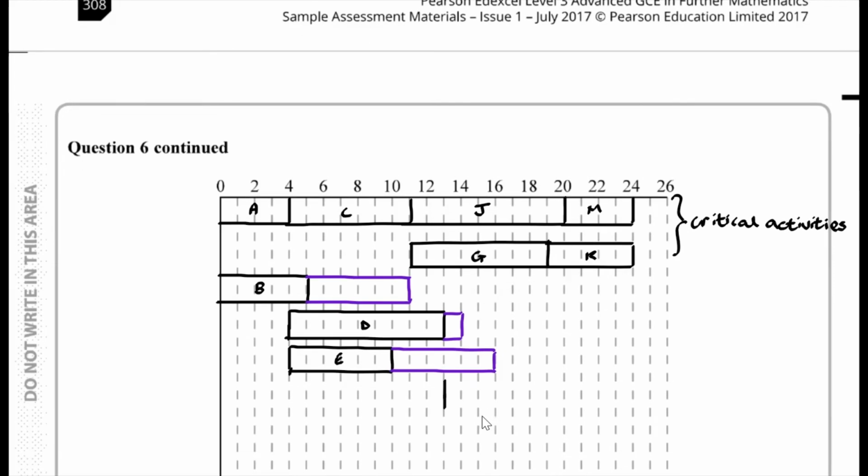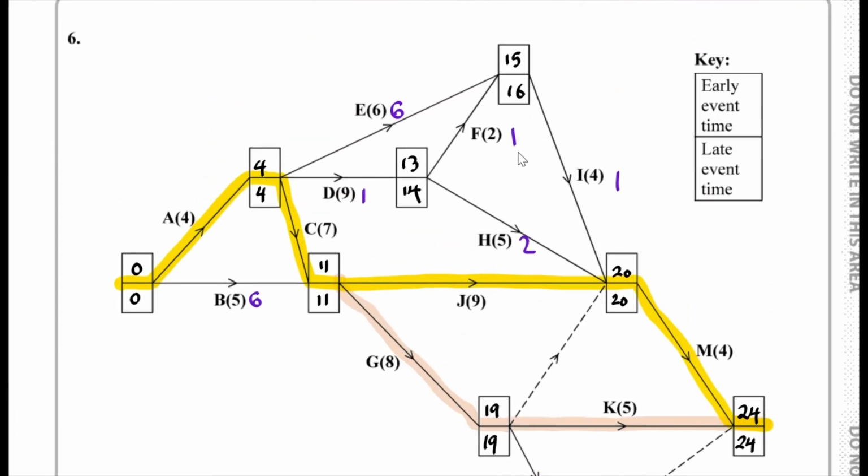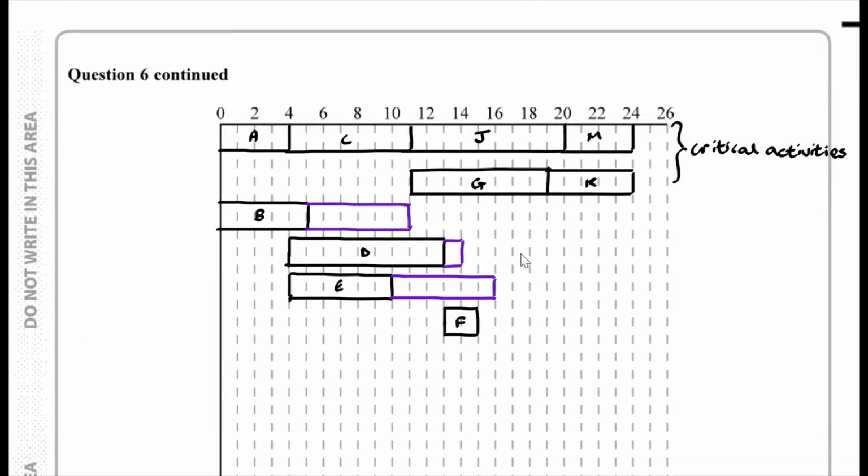So let's just add that on. So we have a duration of 2. This is F, and that has how many left over? That has 1 left over. So let's just add that in over here. So this is F.